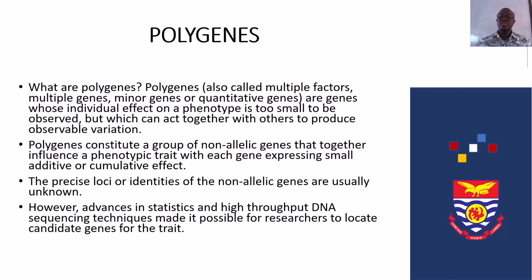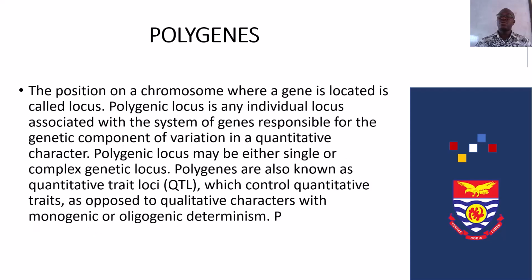However, advances in statistics and high-throughput DNA sequencing techniques made it possible for researchers to locate candidate genes for the trait. The position on a chromosome where a gene is located is called a locus. A polygenic locus is any individual locus associated with a system of genes responsible for the genetic component of variation in a quantitative character.